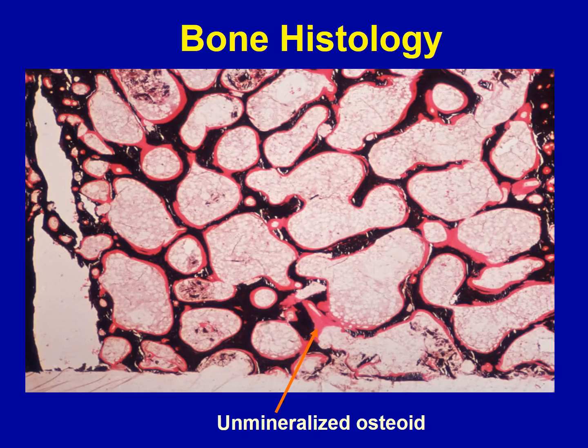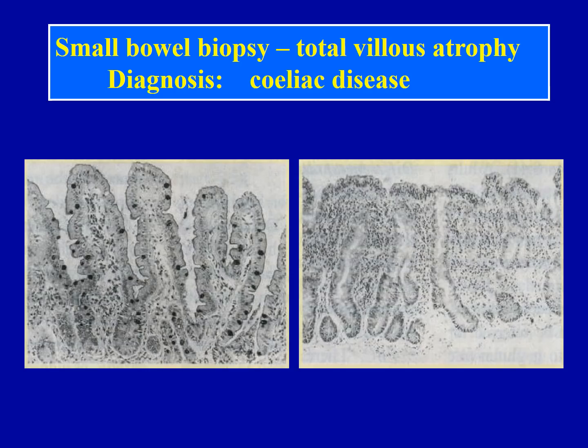So you can see that almost all of the bone surface here is covered with pink unmineralized osteoid, so confirming that she has osteomalacia. Why is this happening? She has celiac disease, probably the most common form of malabsorption, and as you'll probably know, it's characterized by total villus atrophy.